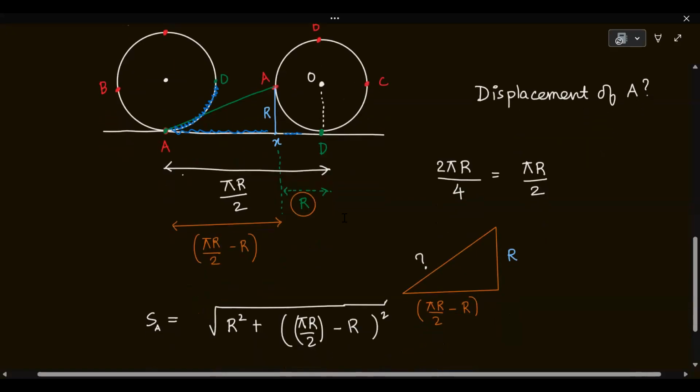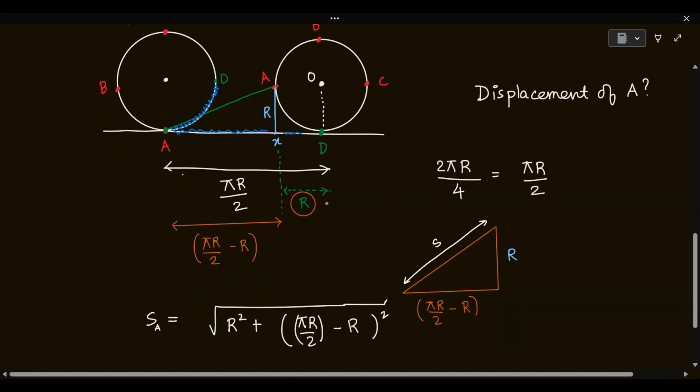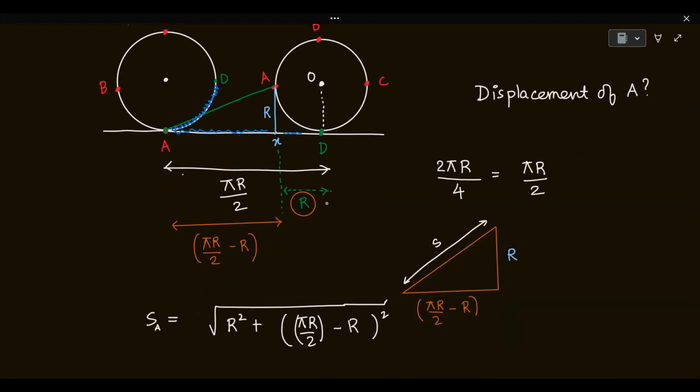So in this triangle right here, where we wanted to find out this length, this was the displacement we were after. I already know the length of one side, that's r. Now the question was, how do I find out the distance from A to X? Well, I know A to D distance. Why? Because along the circle, the total length is 2 pi r, the circumference.